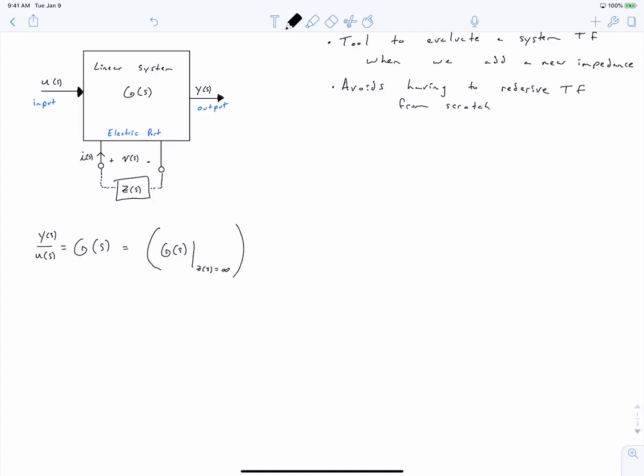So again, if Z of S is equal to infinity, that corresponds to the case where we have no impedance added here. That was the original transfer function. So we take our original transfer function and then we multiply it by a correction factor. And that correction factor is of this form. So this is the extra element theorem result.